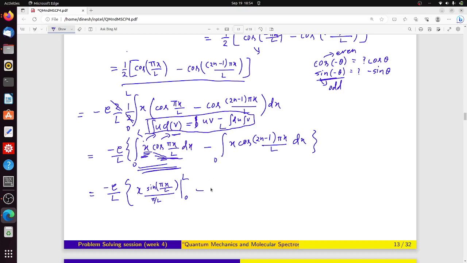According to this formula, the derivative of u gives us 1, then the integration of dv gives us v, which is sin pi x over L by pi over L. Are you getting this? I just simply applied integration by parts.